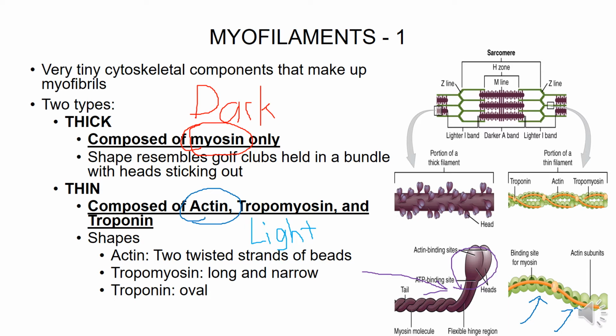Striations are just the alternating patterns of these 2 proteins. So if you take a look at the picture in the upper right-hand corner, what you'll see is this myosin actin just a little bit smaller.